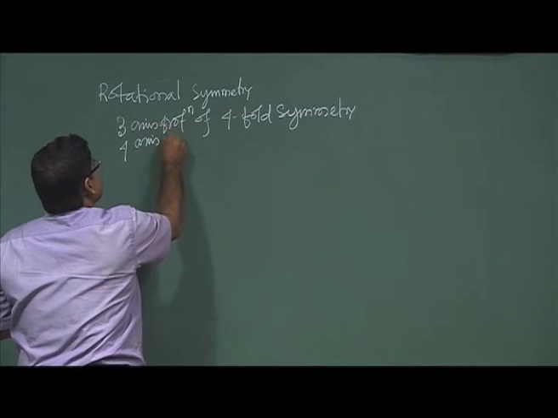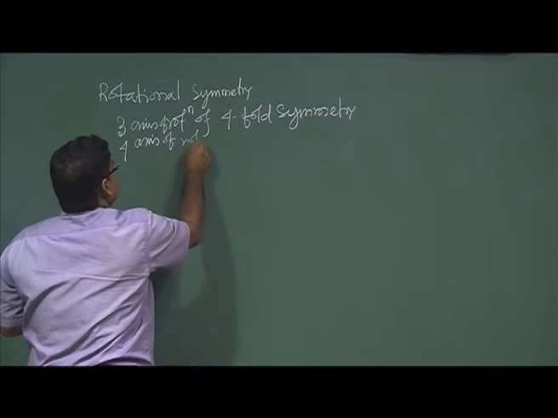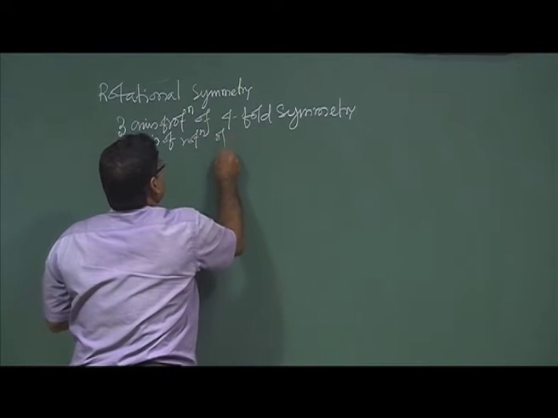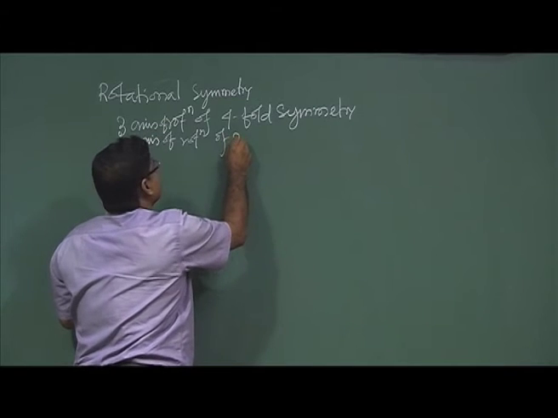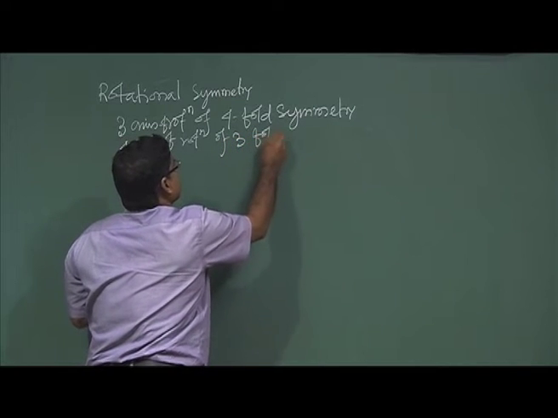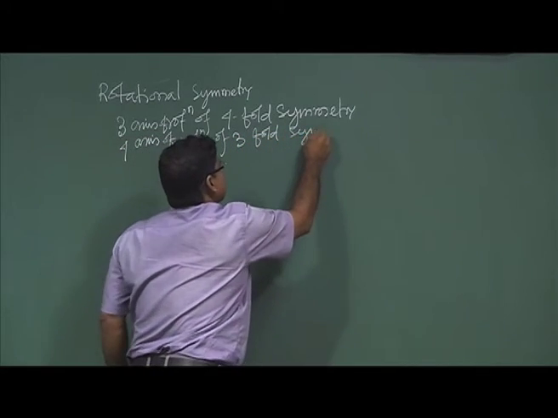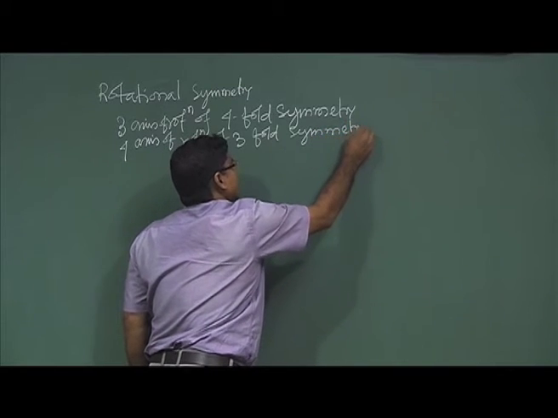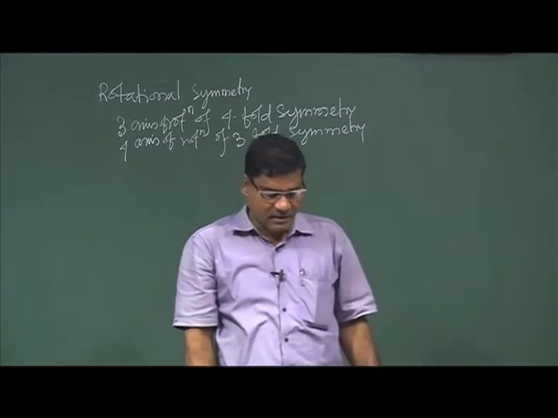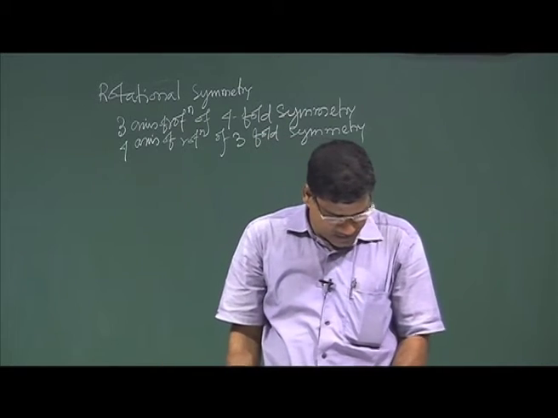And then we have seen 4 axes of rotation of 3-fold symmetry. These are the body diagonals, right.